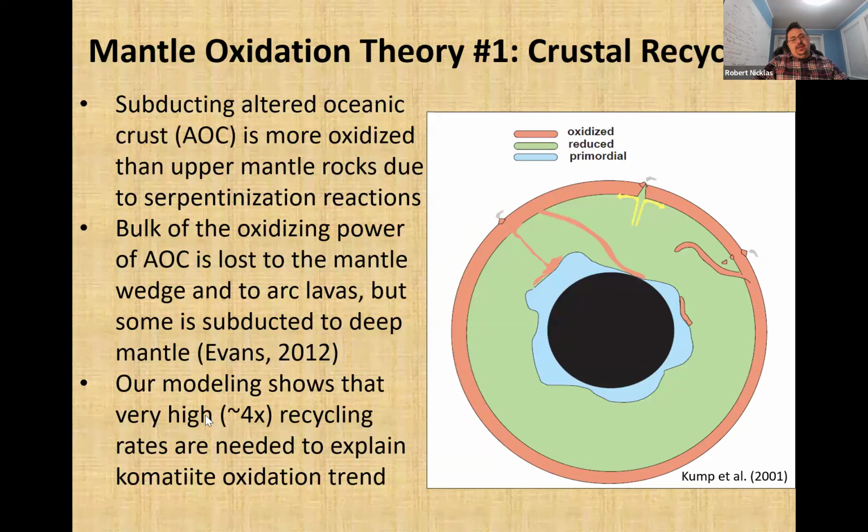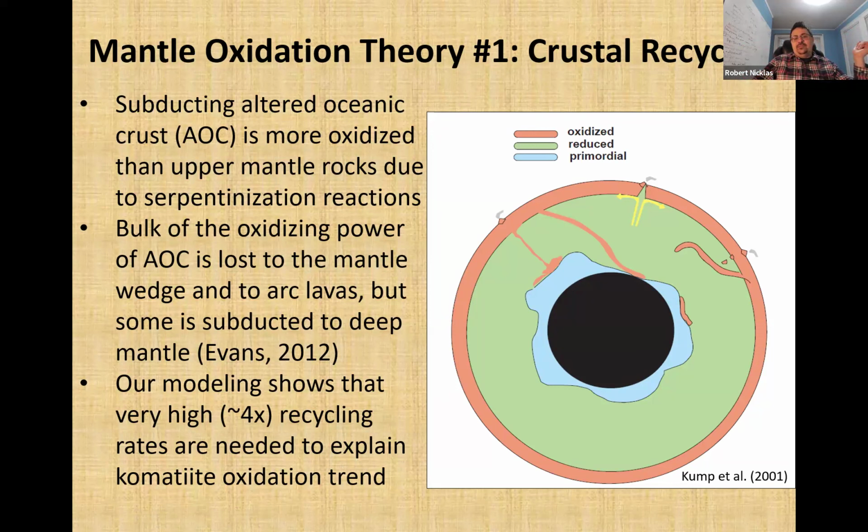So what we did is we took mass balance, this paper Evans 2012, which I highly recommend, which does a global mass balance of the amount of oxidized species going into subduction zones and the amount coming out in arc lavas. It does a global average and shows the amount of oxidants, mainly iron 3+, getting pumped into the mantle as a mass flux nowadays.